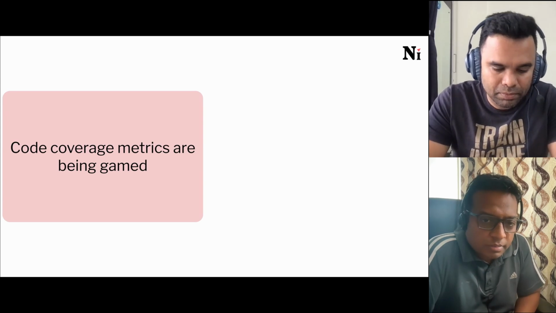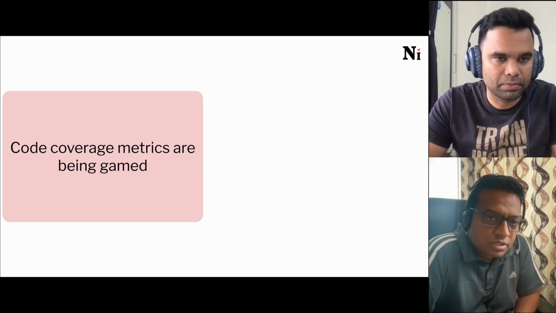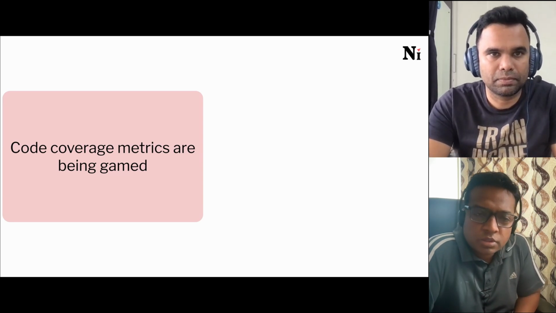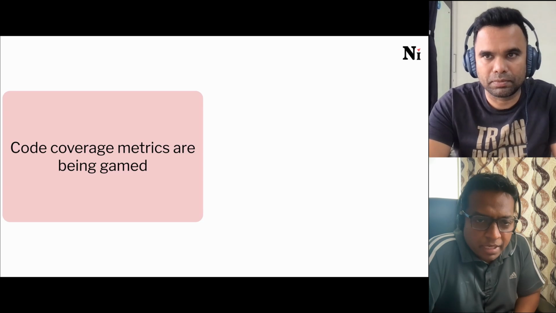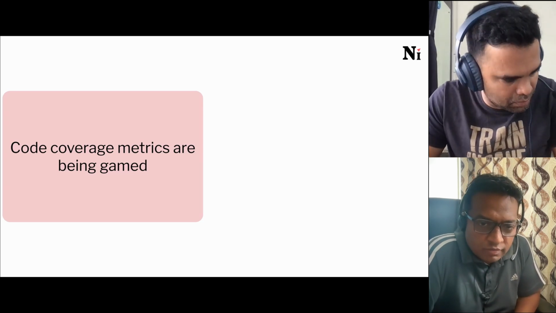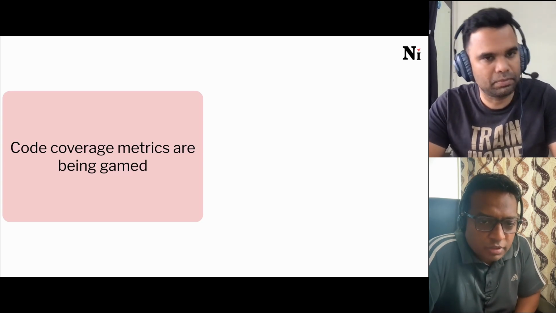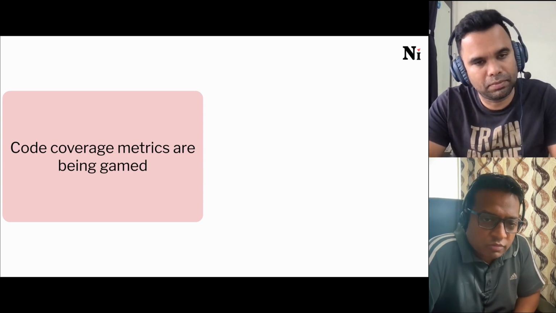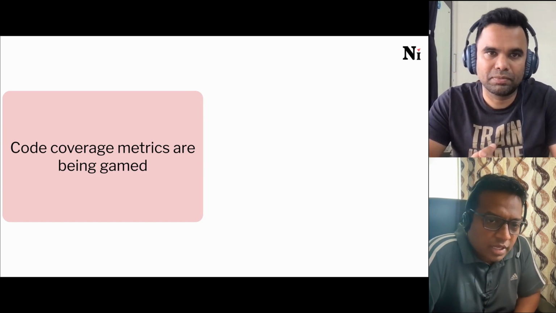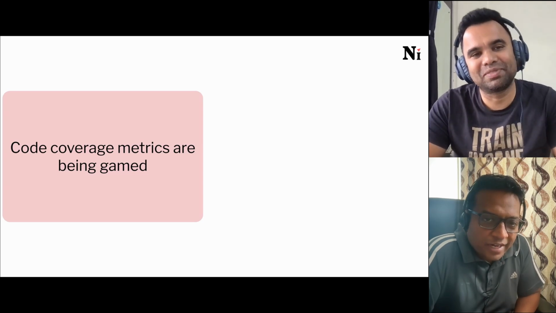And when teams get faced with such a situation, I've seen people on the team game code coverage metrics, write really dumb tests which don't achieve any purpose, and only with the purpose of making sure that the code coverage metric rises up and crosses the barrier that has been set. So how do you solve for that?